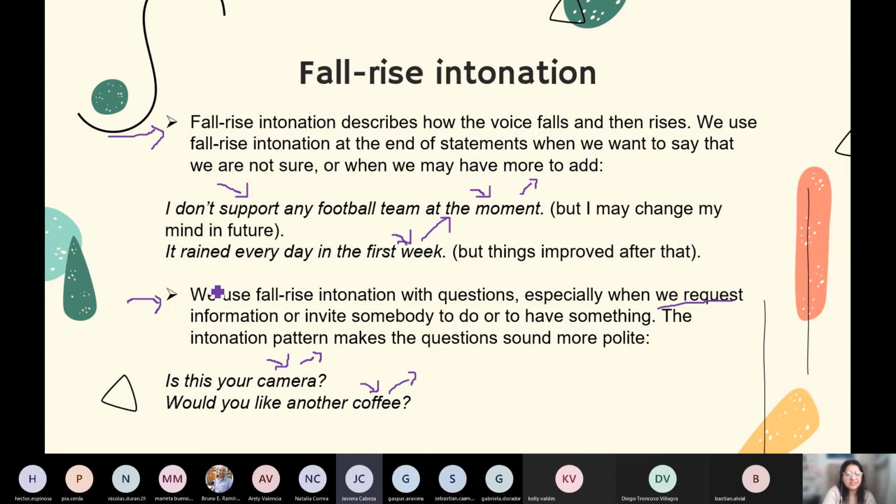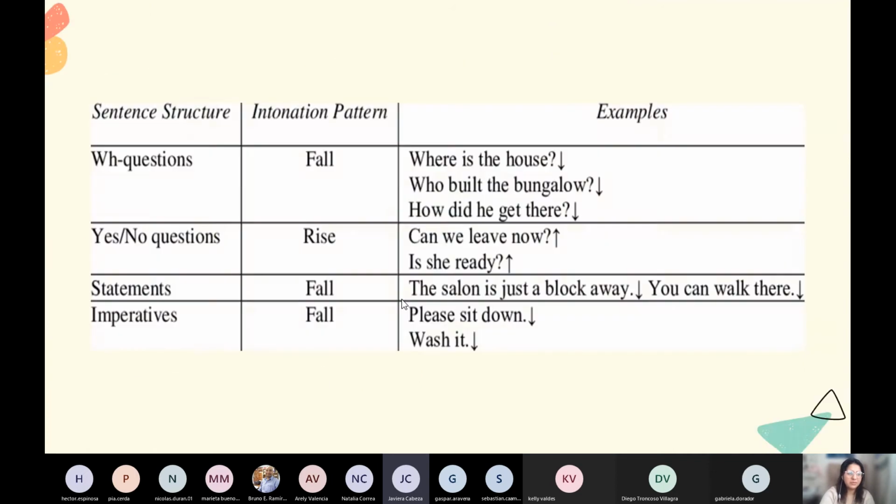But here the difference is that we request or invite someone to do something, and we do this when we want to sound more polite. So again, is that your camera? Or would you like another coffee? You try to sound friendly or to sound kind of nice towards other people.